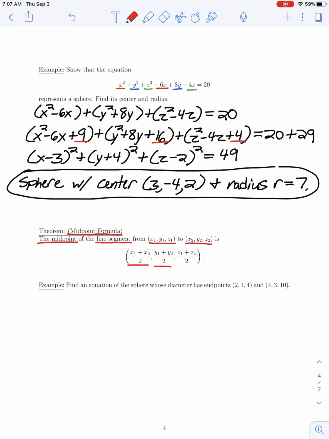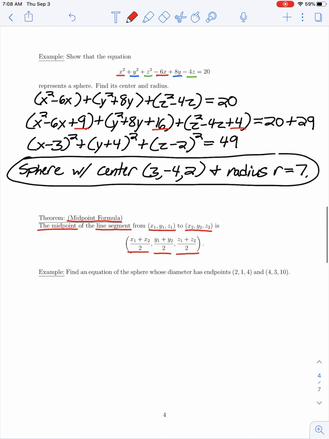The y-coordinate would be the sum of the y1, y2 coordinates over 2. And the z-coordinate would be the sum of the z1 and z2 coordinates over 2. So that is, our coordinates for this midpoint are the average of the x, y, and z coordinates for these 2 points.